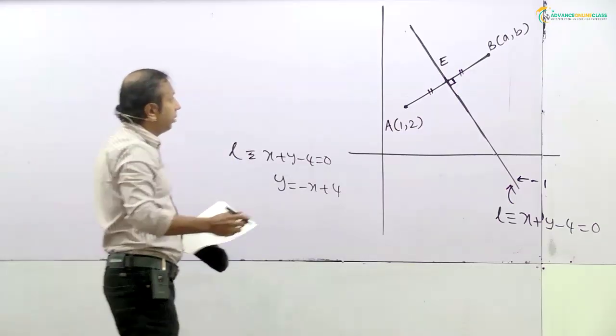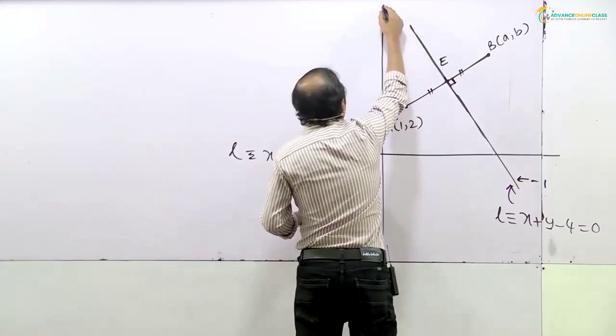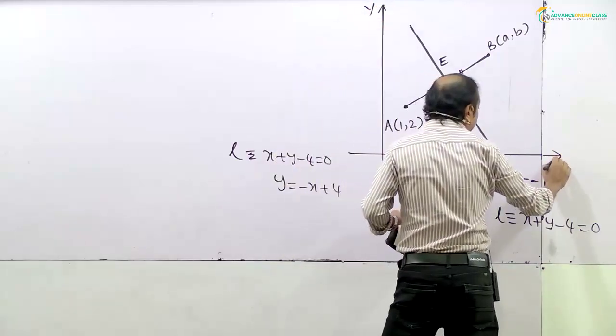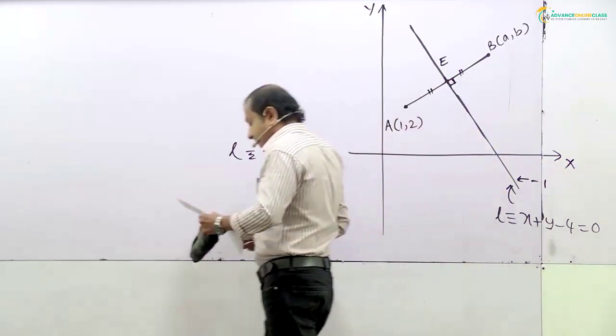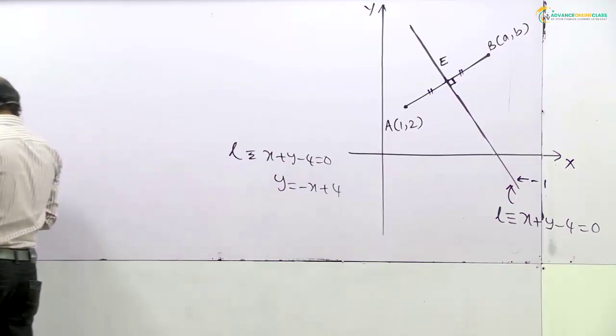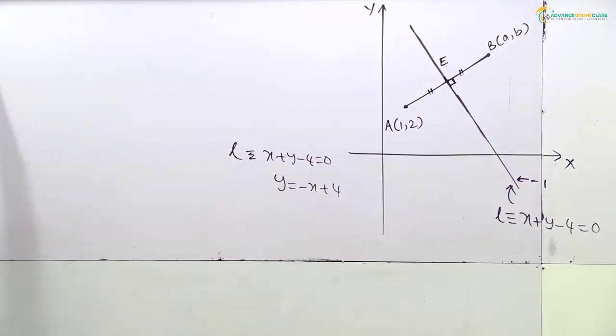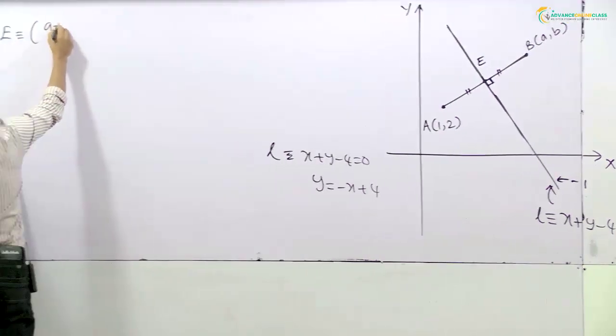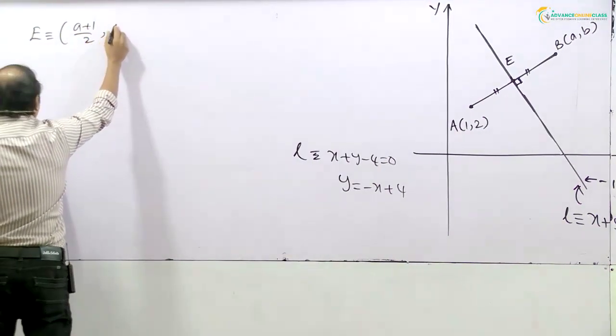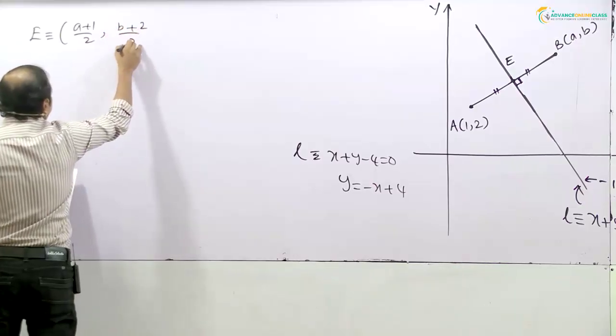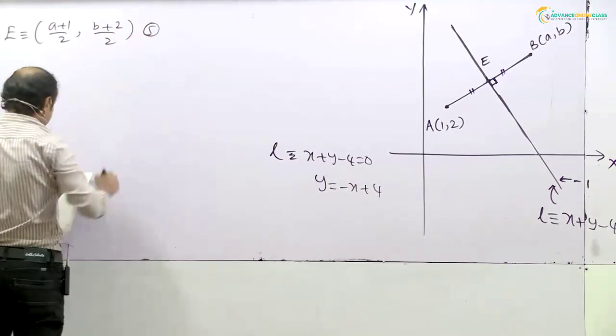Okay, take that now. E you can write as ((a plus 1)/2, (b plus 2)/2). 5 marks.